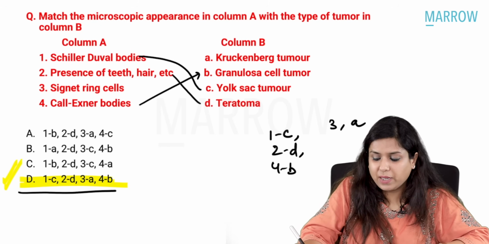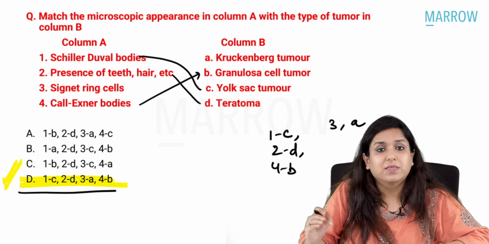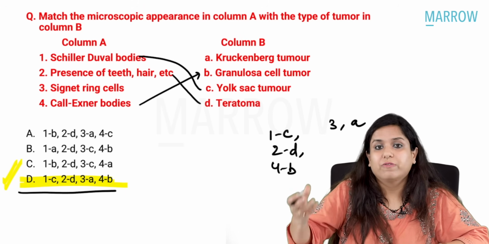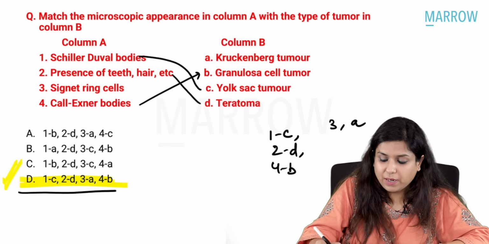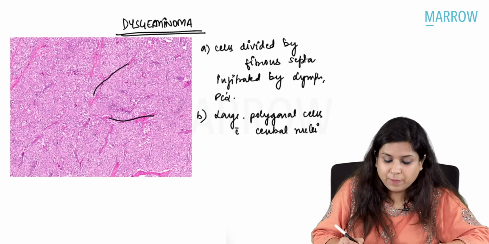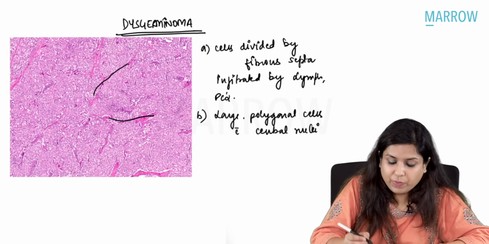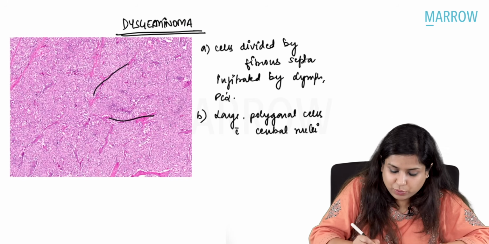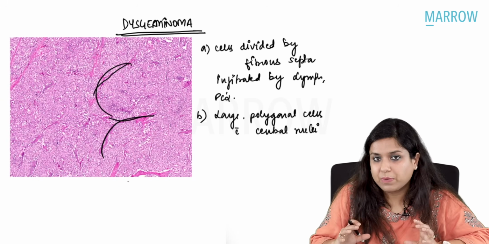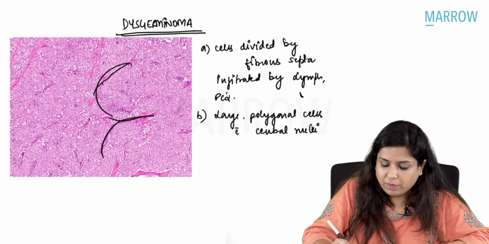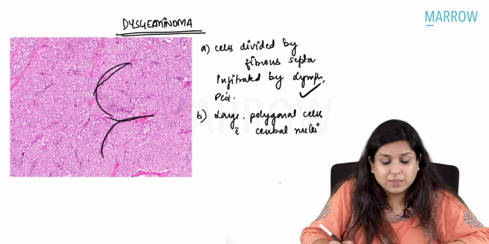I keep on telling about the microscopic features of the various male and female genital tumors, right? Let us quickly revise them, students. In this germinoma, there are nests of cells. You see these nests of cells, and they are divided by these fibrous septa. These fibrous septa are infiltrated with lymphocytes, right?